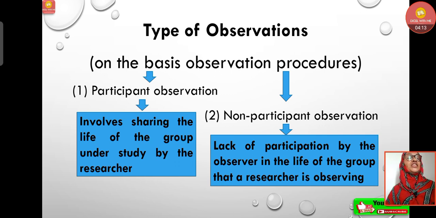That is participant observation. Non-participant observation is the lack of participation by the observer in the life of the group that a researcher is observing. Somebody will help to get the observation to the researcher.